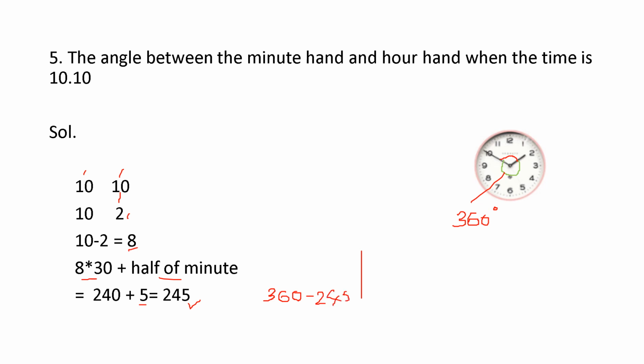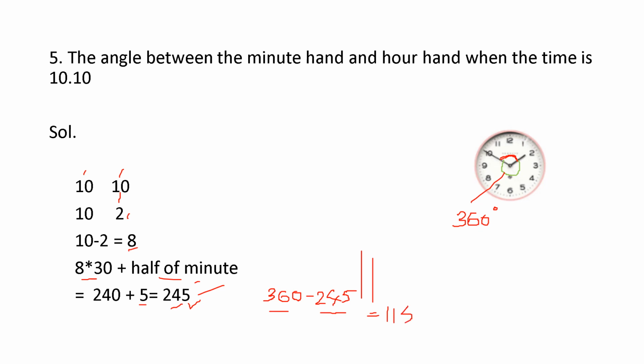Here two angles will be there. 8 into 30 plus half of the minute gives 245, but if that value is not in the options, at that time you have to take the other angle. For every clock question, two angles will be there. 360 is the total since this is a circle. So 360 minus 245, the answer will be 115.